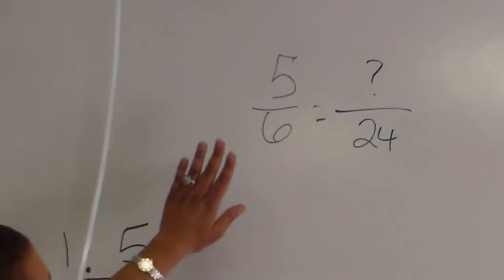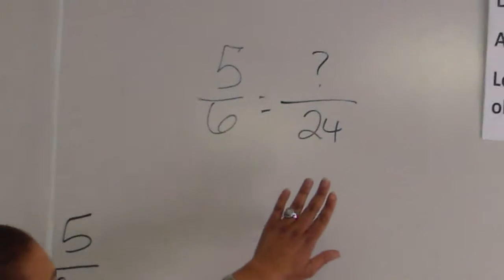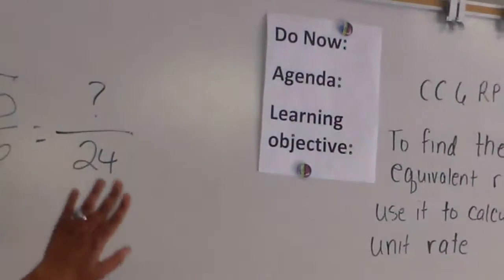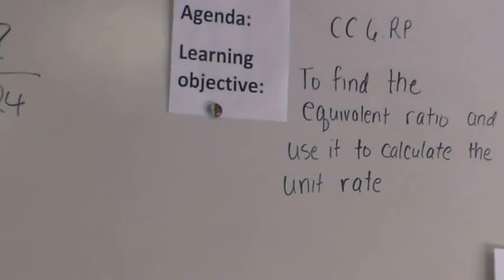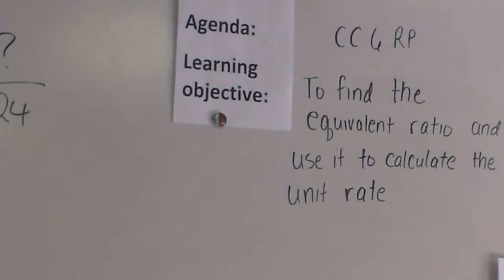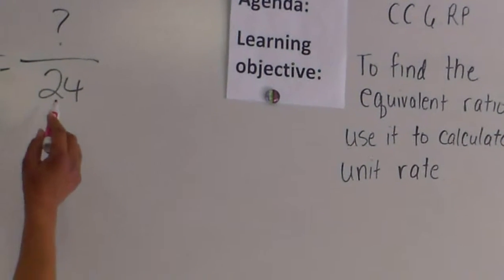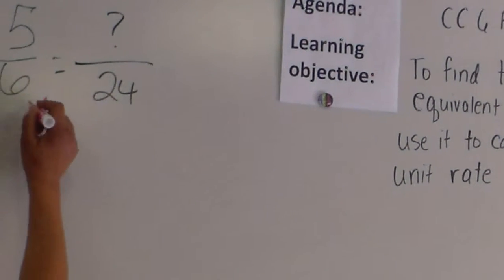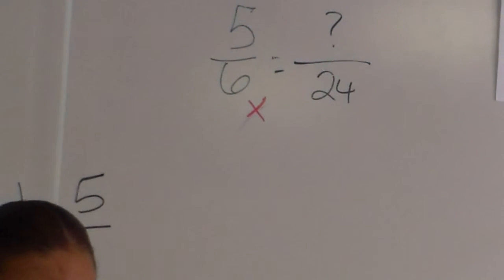On 286, the ratio of 5 to 6 is equivalent to some unknown number to 24. So how would I solve for the unknown number? 6 divided by what? 6. Let's multiply. 6 times what equals 24?